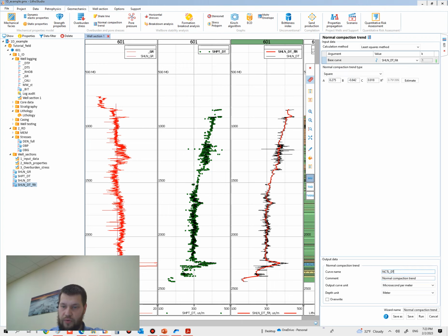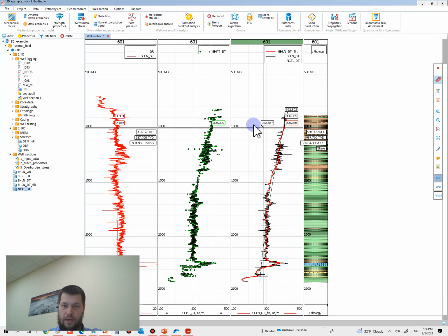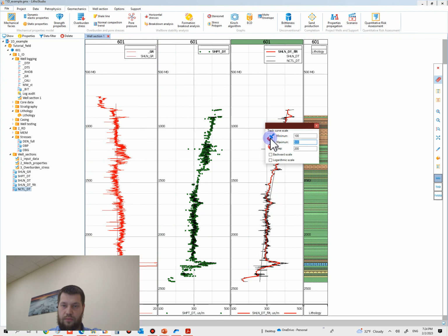We set the curve name NKTL, normal compaction trend line DT, and the output curve is microseconds per meter, and run. Okay, let's check. Okay, this is good.